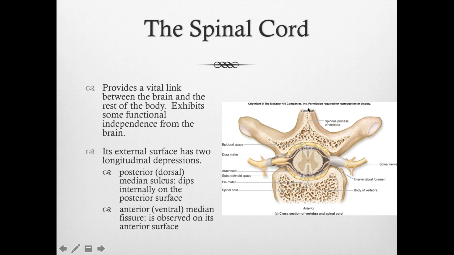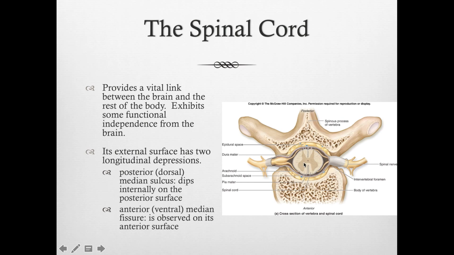You can tell because this is the spinal process or spinous process of the vertebra, and so obviously that has to stick out posteriorly, and therefore this depression here is the posterior median sulcus, right? That is the term, posterior median sulcus. The term dorsal is also used here, so it can also be called dorsal median sulcus. I will always use posterior, so posterior median sulcus.